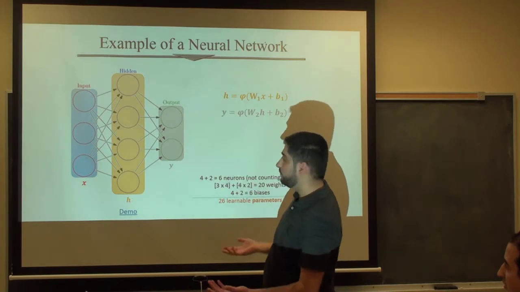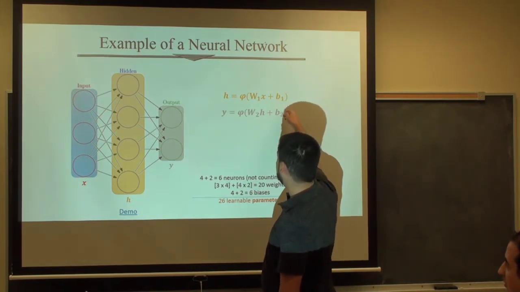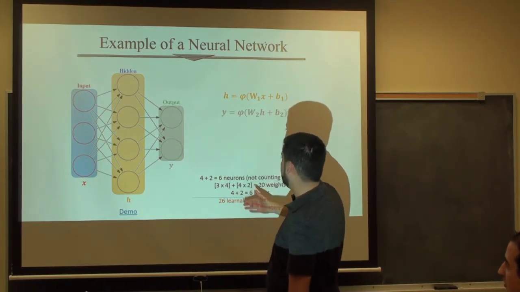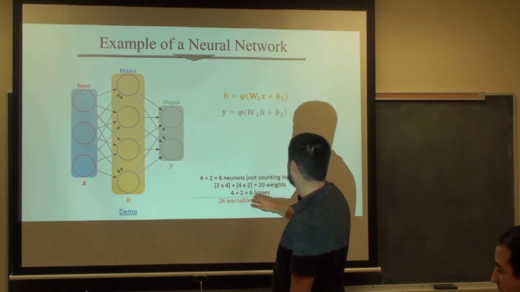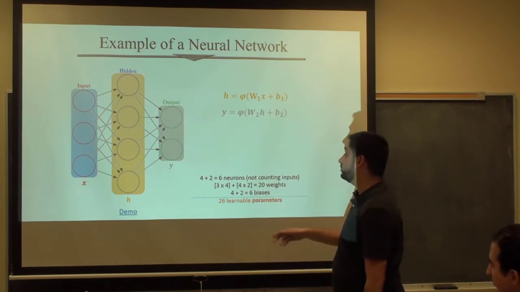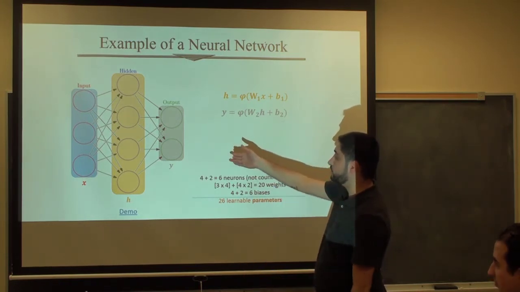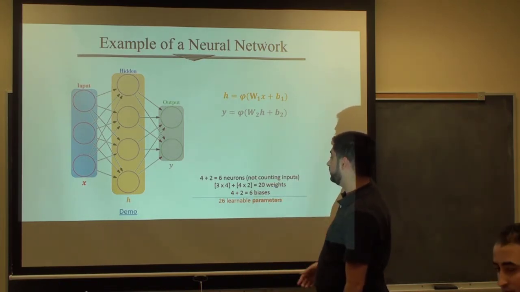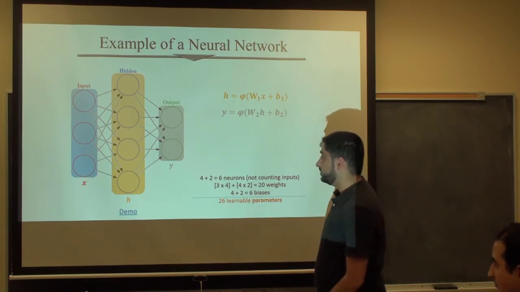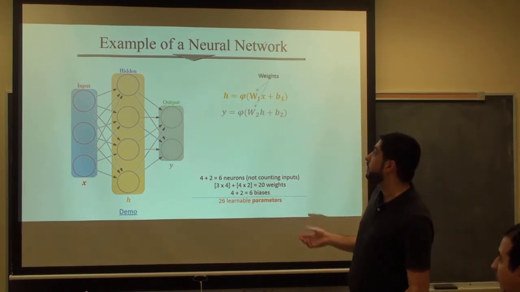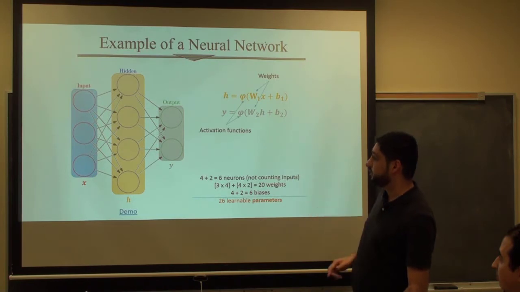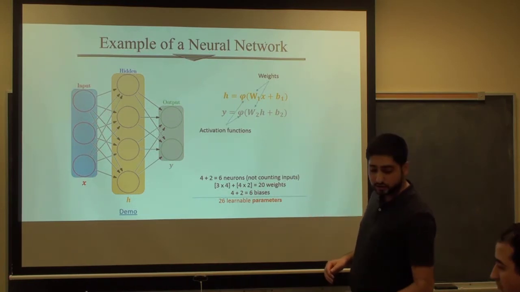Then for each node we can have a bias, most cases 0 or 1. So we have 4, then 2, which is 6. In total we have 26 learnable parameters. So for a simple network we have 26 different parameters, and that's why we need an algorithm to learn all of this. That's what we're going to talk about in the next sections.